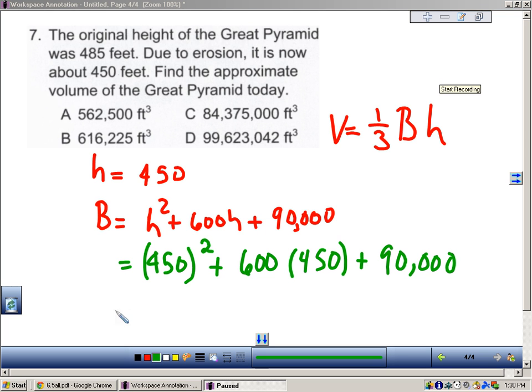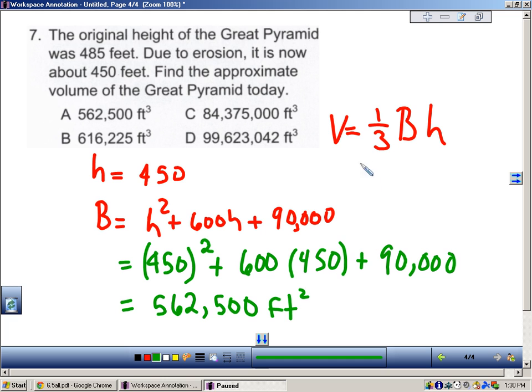Using my calculator, the area of the base is 562,500 square feet. So that would be the base. So we're going to take that value and substitute it here for my volume.